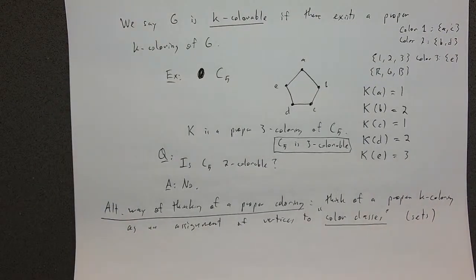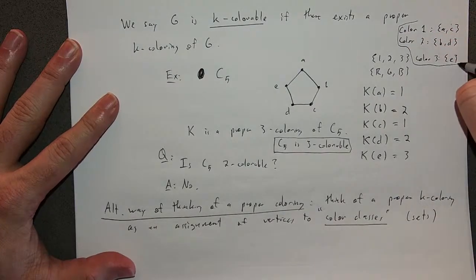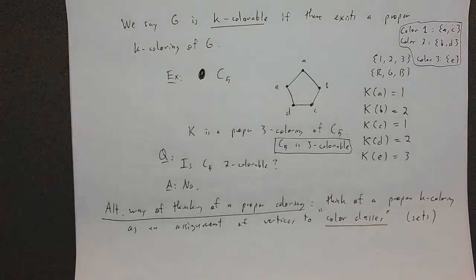Okay. So for a proper coloring, this assignment should work in what way? It should work in a way such that the sets you get in this assignment are sets that contain vertices that are pairwise non-adjacent. But we had a definition for that. We had a word for that. These are independent sets.